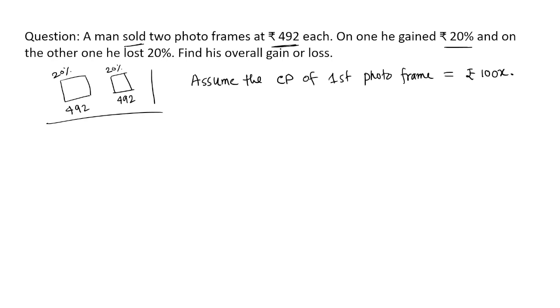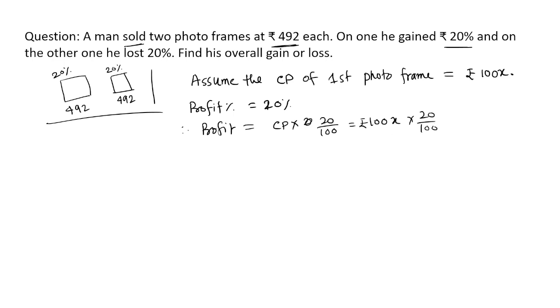So at 100x he buys it and sells at 20% extra. So the profit percent equals 20%, right. Therefore the profit amount equals the CP into profit percent, that is 20 by 100, which is 100x into 20 by 100. This calculation becomes easier because the zeros cancel and you get rupees 20x.